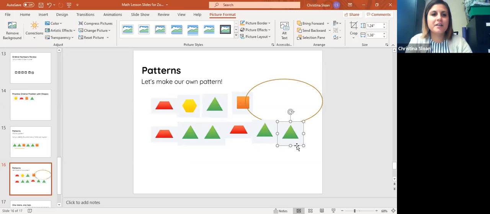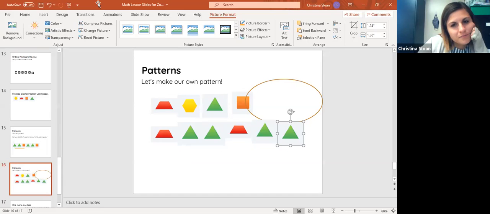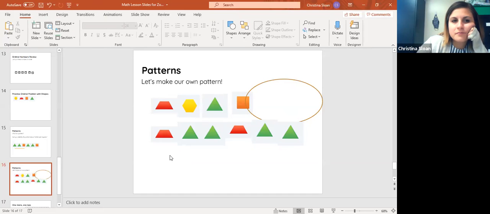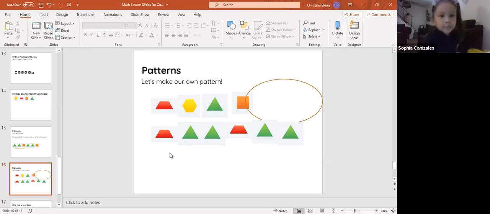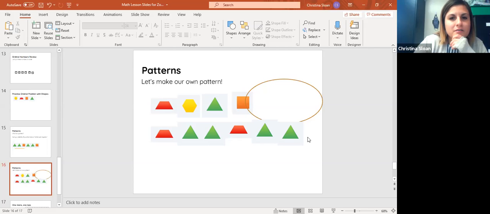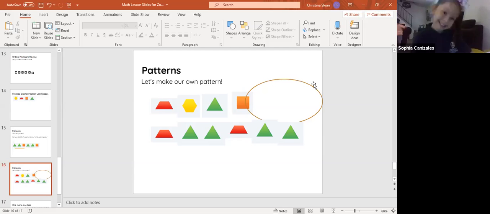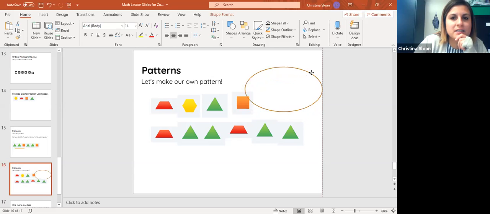What is our pattern? Sophia, what's our pattern? Trapezoid, triangle, triangle, trapezoid, triangle, triangle. What would come after the triangle? Trapezoid. Nice job. And what's the part that repeats?